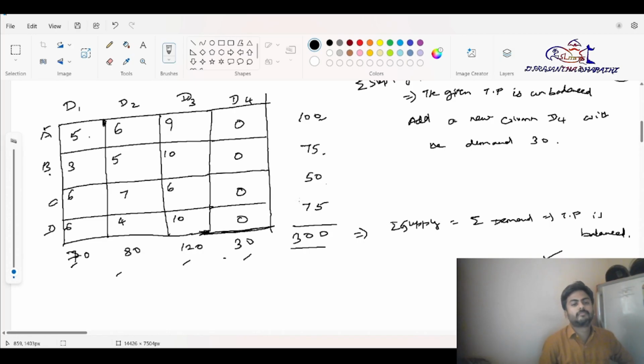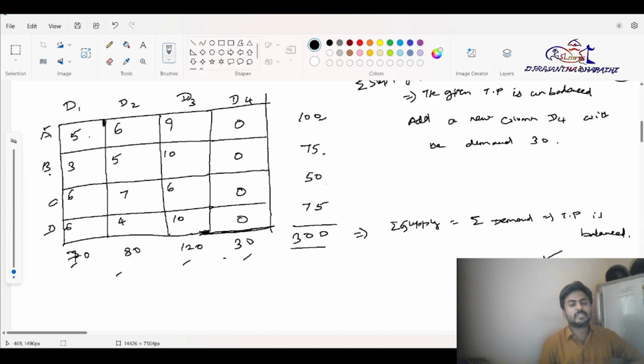Yes, everything is fine. So how to apply the Vogel's approximation method: here you have to find the difference between the smallest element and the next smallest element from each row and column.